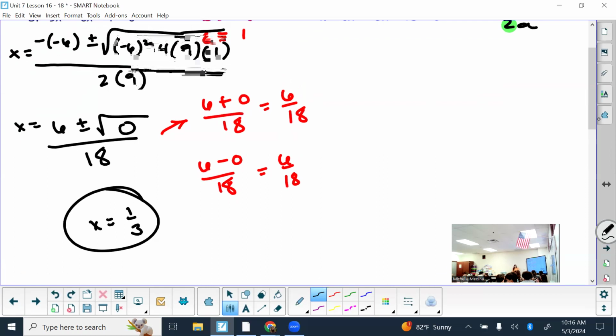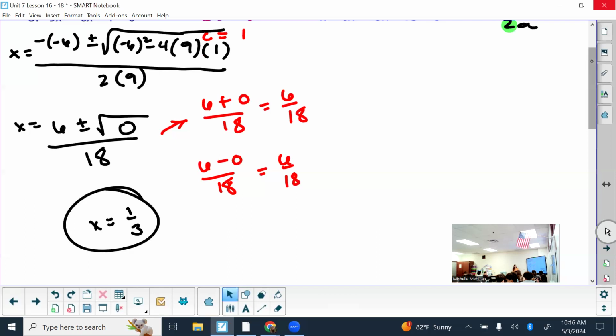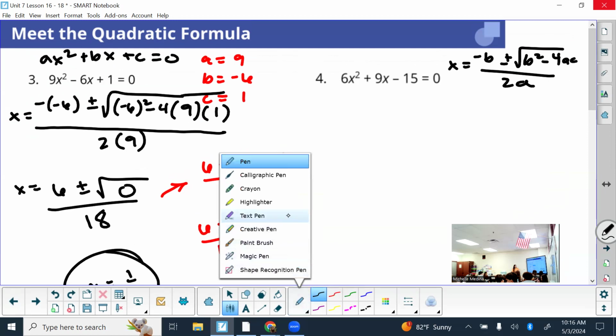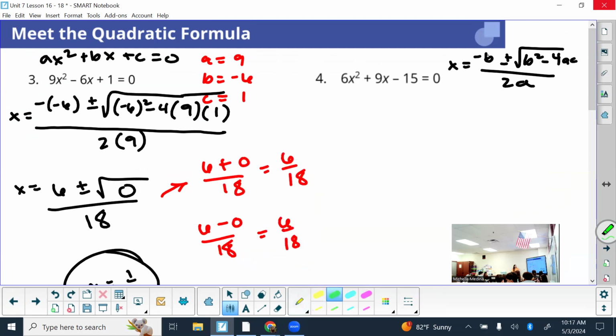All right, one more thing before we move on. I do just want to point out something. Let me erase this so that I can highlight something else about this formula. This part of your quadratic formula should be familiar to you. The negative b over 2a.